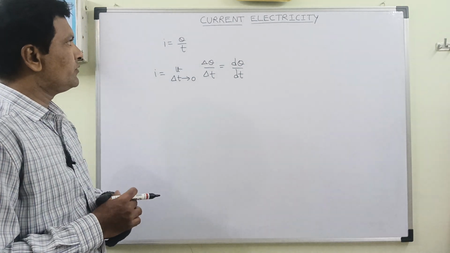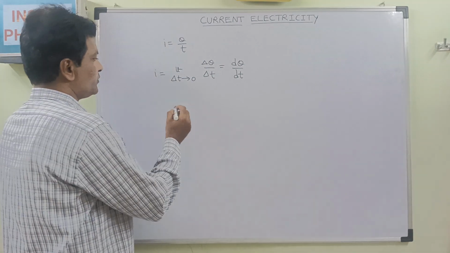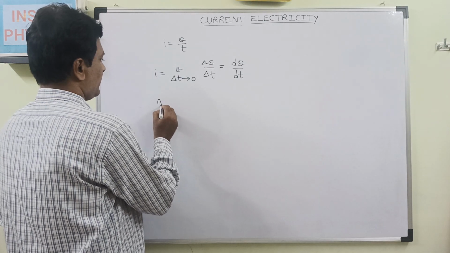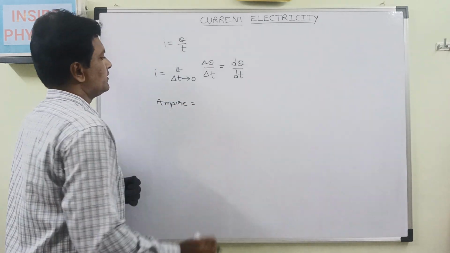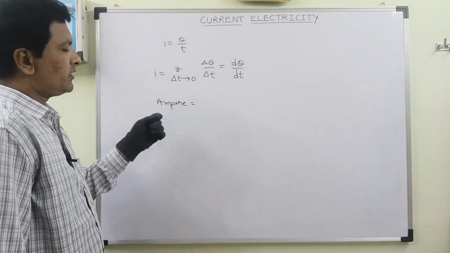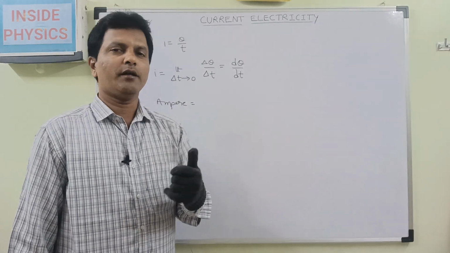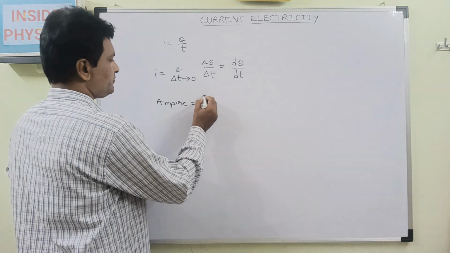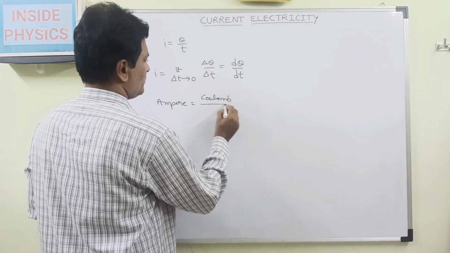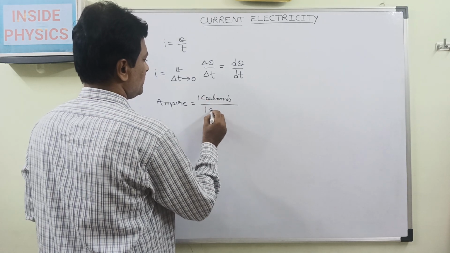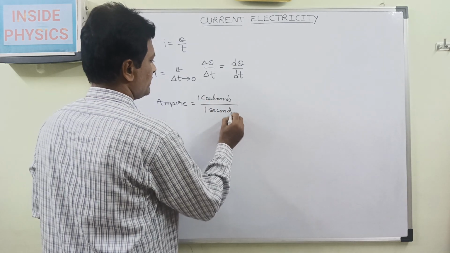So what is the unit of current? The unit of current is ampere. What is the definition of ampere? Ampere is coulomb per second.